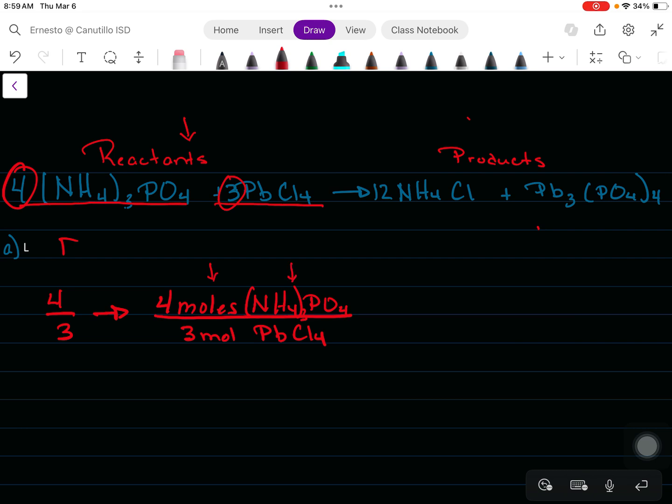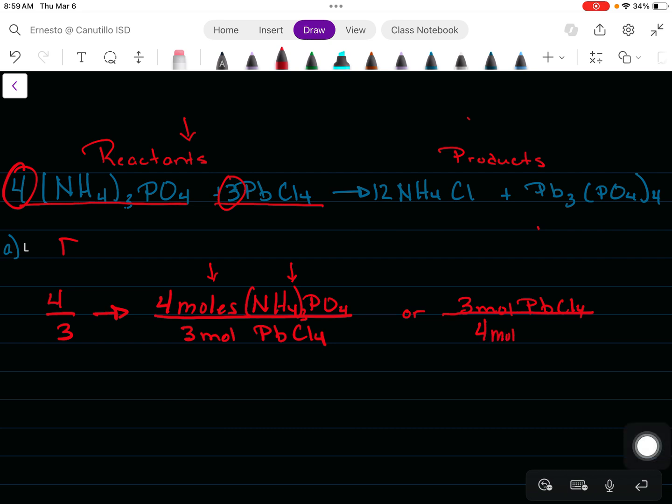Now, when you're talking about mole ratios, you can write it two ways. You can write it as 4 moles of ammonium phosphate over 3 moles of lead(IV) chloride, or you can write it as 3 moles of lead(IV) chloride over 4 moles of ammonium phosphate.